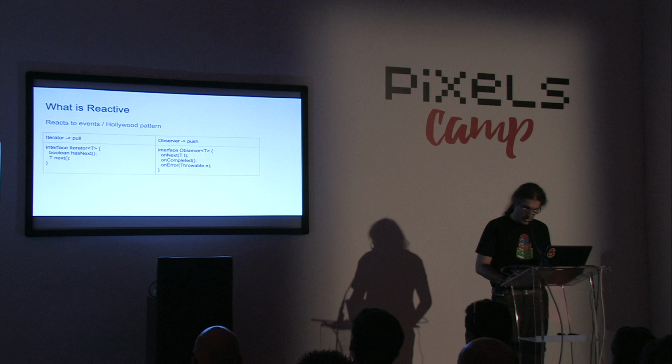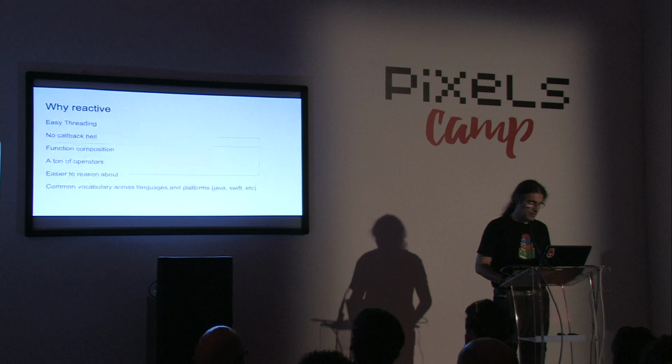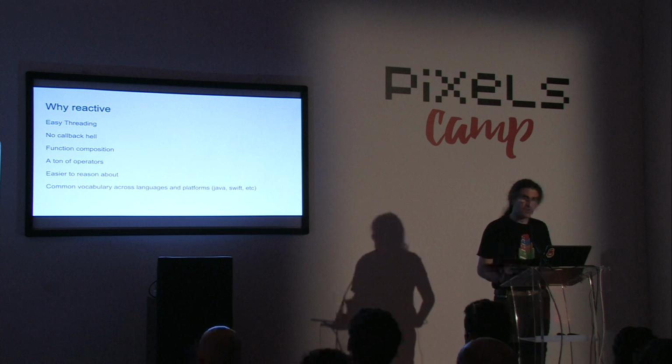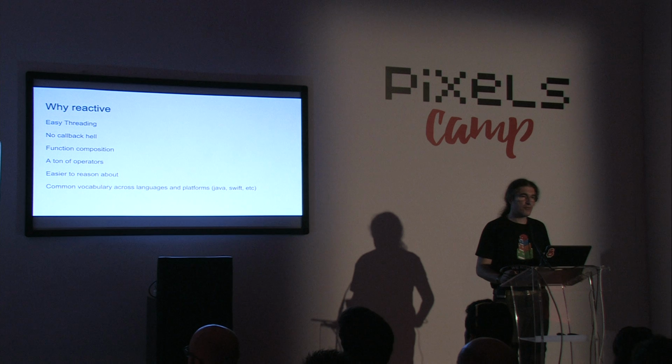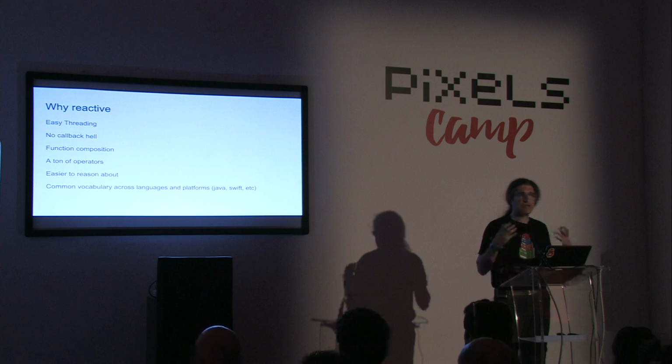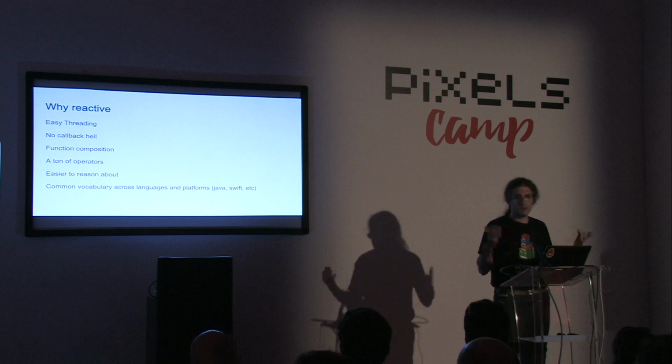So why do we want reactive? As we will see in the following examples, it makes threading easy. If you have multiple cores, you should take advantage of them and use multiple threads.